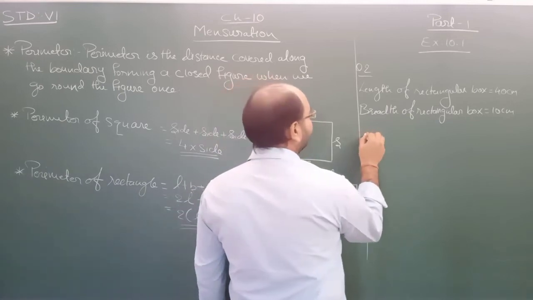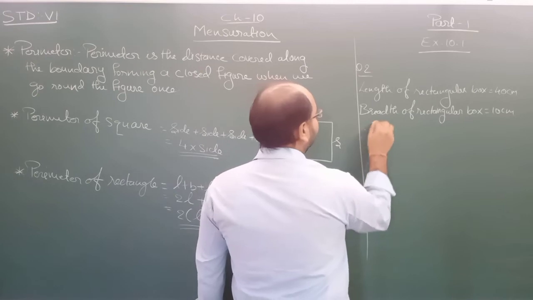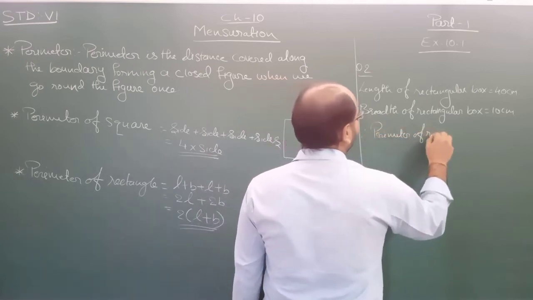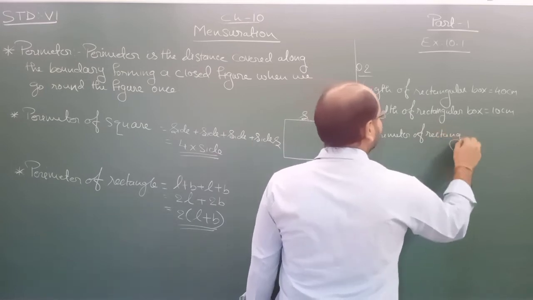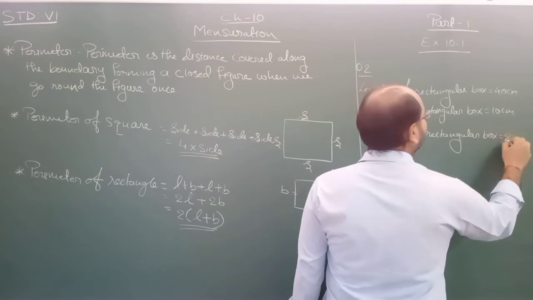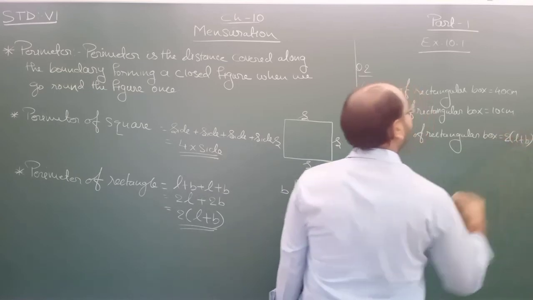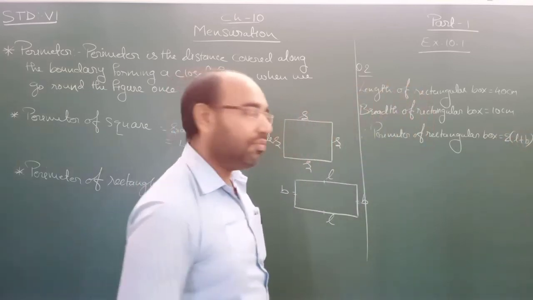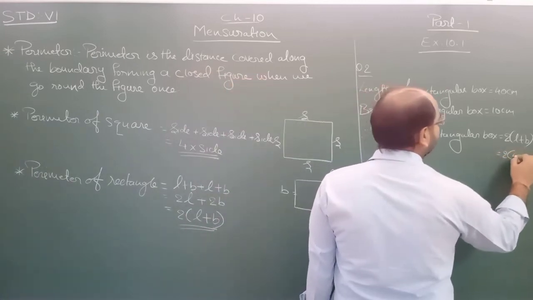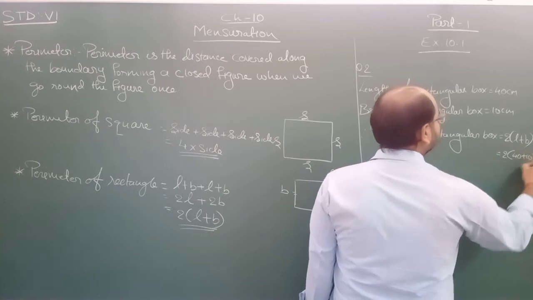So what we will find out, therefore, perimeter of rectangular box is equal to what, 2 into L plus B. So that when we will add, it will be 2 into 40 plus 10.